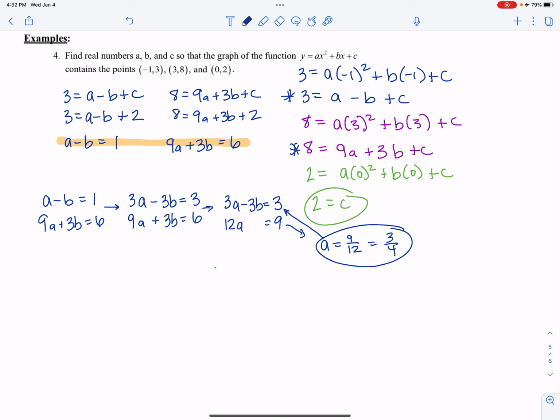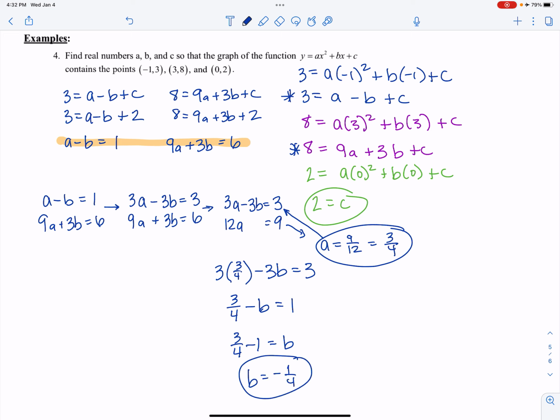So we have 3 times 3/4 minus 3b equals 3. If we divide everybody by 3, we just have 3/4 minus b equals 1. So b is 3/4 minus 1, which is negative 1/4.